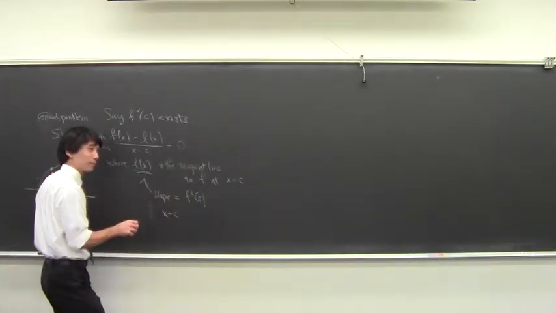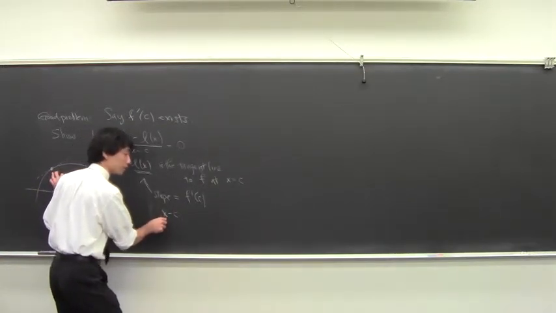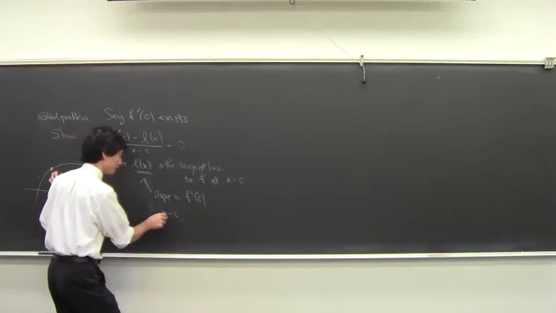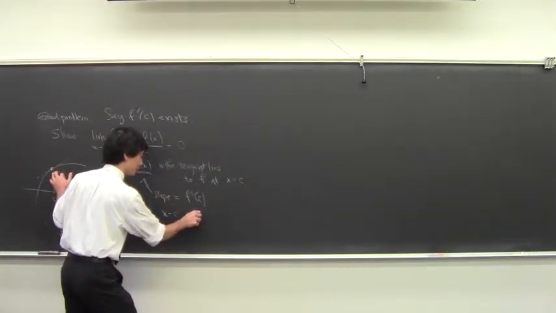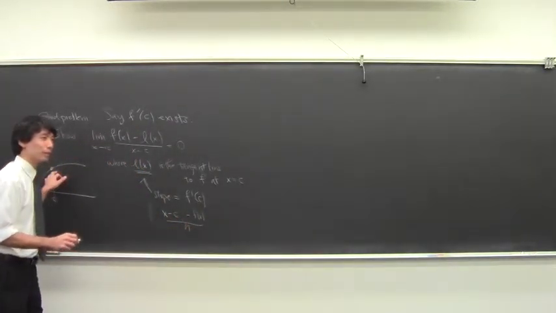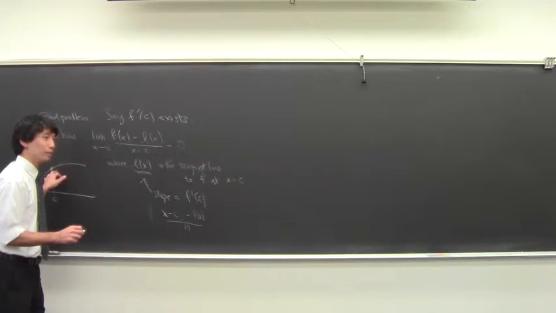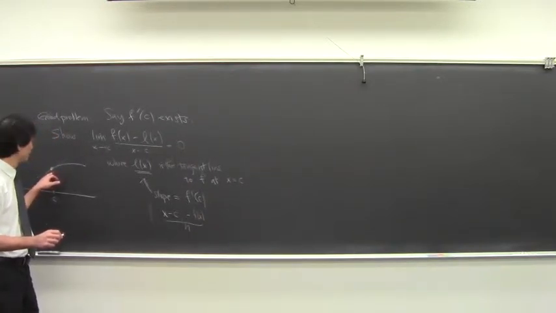Yeah. Wait, no, it's delta x minus c, and then minus f of x over h. What's h? The area in between the f of x and then the f of x plus h.